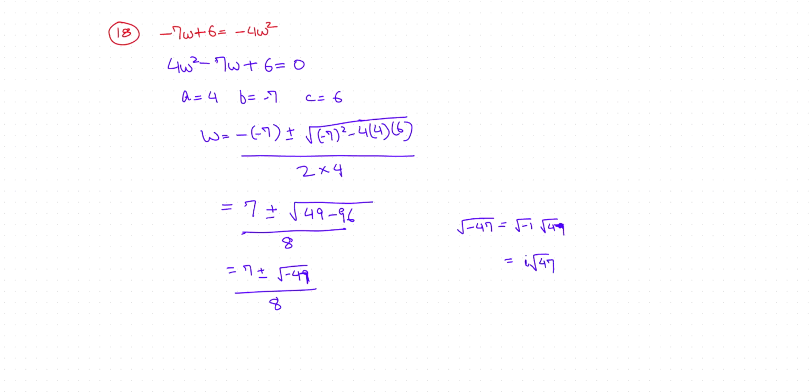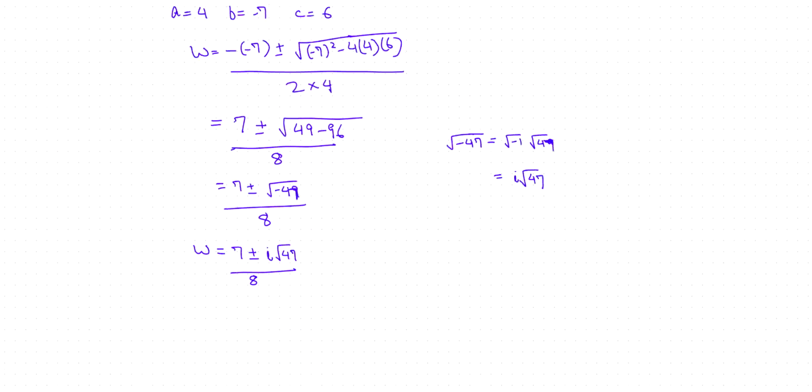So this will be 7 plus or minus i root 47 over 8. Whenever we have i, a complex number, the solutions always appear in pairs. So it will be two values, one with plus and one with minus in between. So this is our solution.